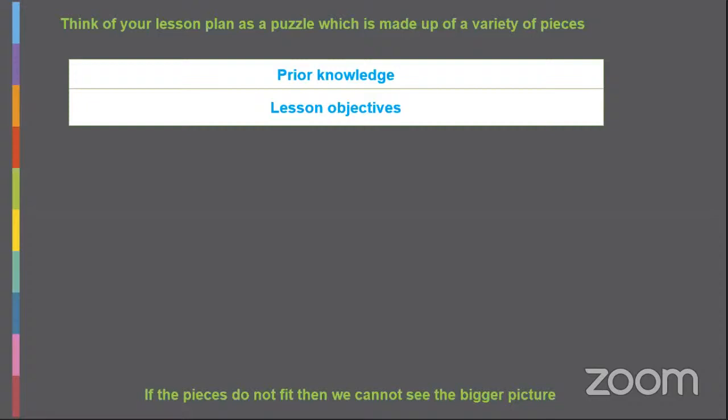But "the learner will know what a noun is" is not a learning objective. Because how are you going to assess this? Outcomes have to be measurable. They have to be clear and concise, and you have to be able to measure them. That means your learners must be able to do something to show you that they know what a noun is. So "the learner will know what a noun is" or "the learner will understand what a noun is" is not a lesson objective.